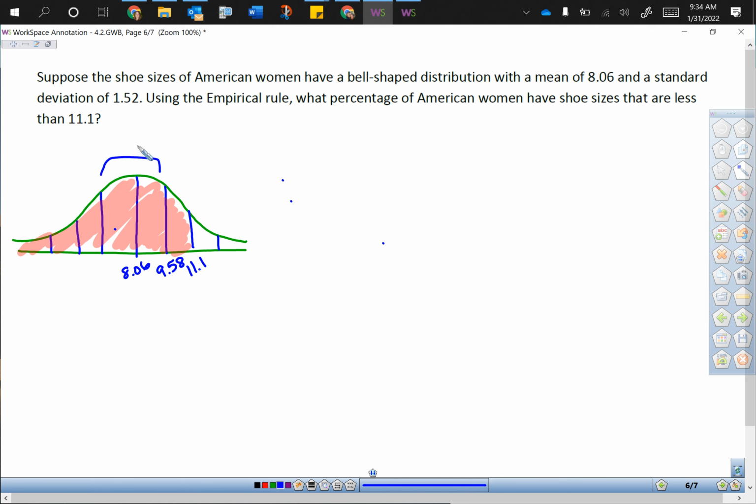So I know that this is 68%, and this is 95%, and this is 99.7%, right? So to figure out what this guy is, I want the 99.7 minus 95, which is going to give me 4.7, then divide it by 2, and what did that give me? 2.35.